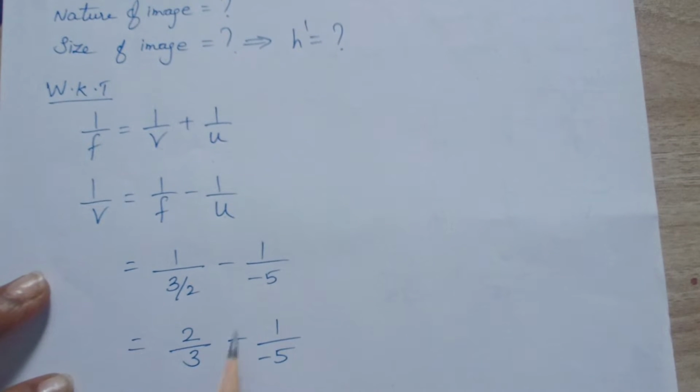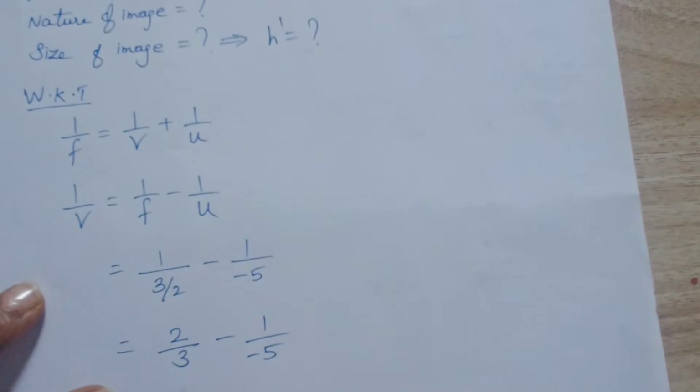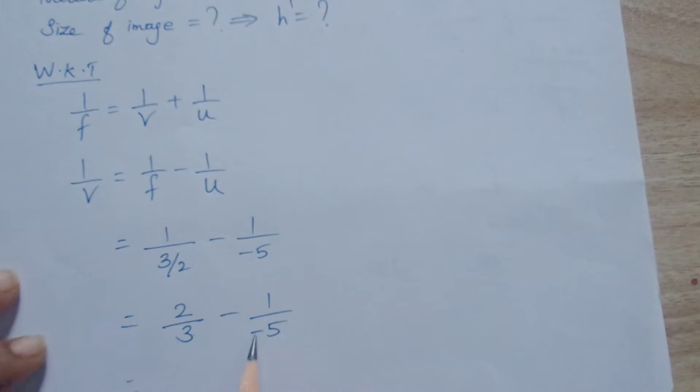2 by 3 minus 1 by u. The u value is minus 5. Substitute it and solve this. We need to subtract these fractions, so the denominators should be the same. What is the LCM of 3 and 5?